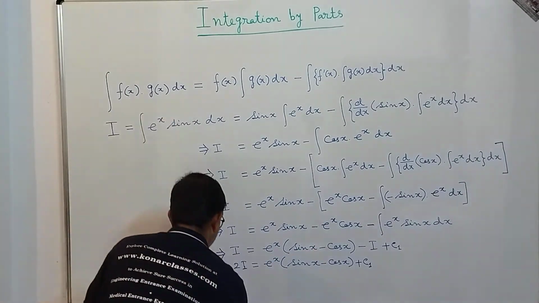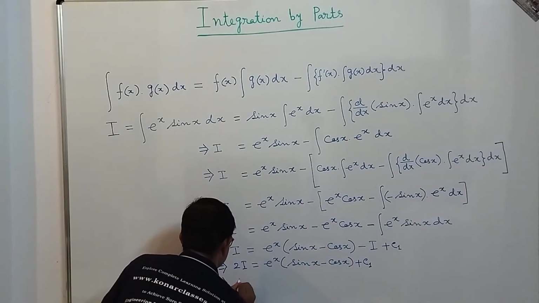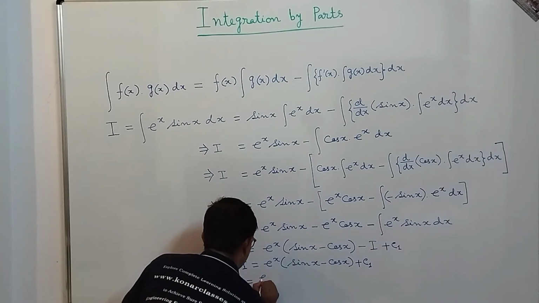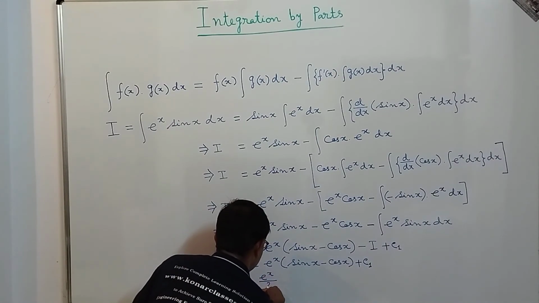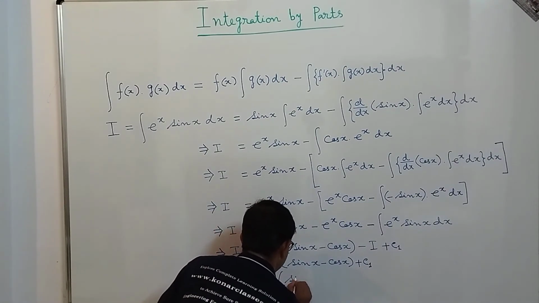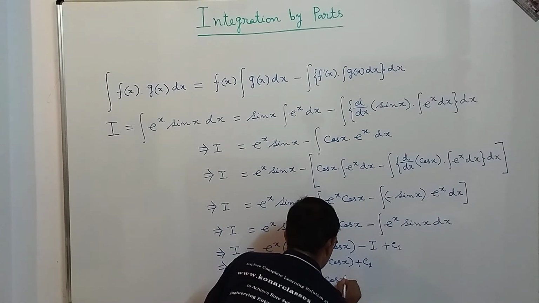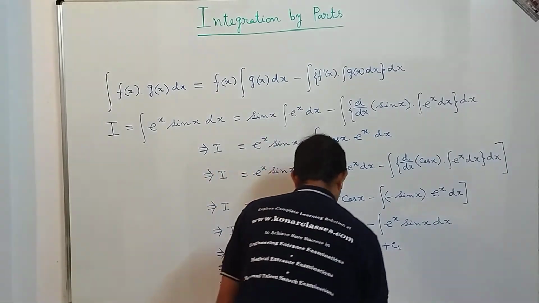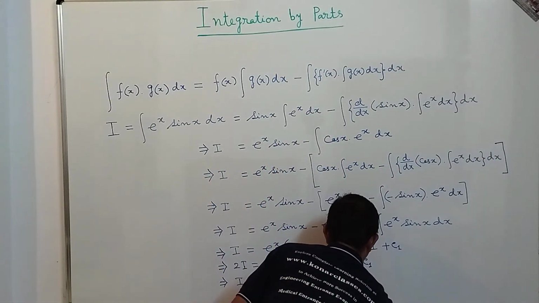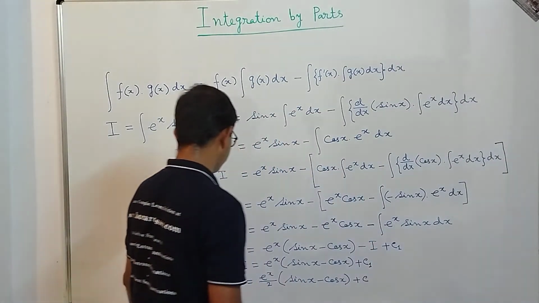So I is equal to e^x divided by 2 into (sin x minus cos x) plus c1 by 2, and we can consider that as another integrating constant c.